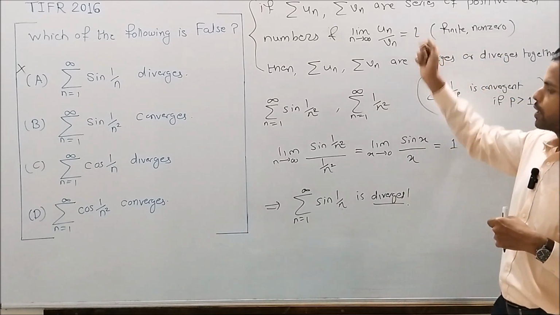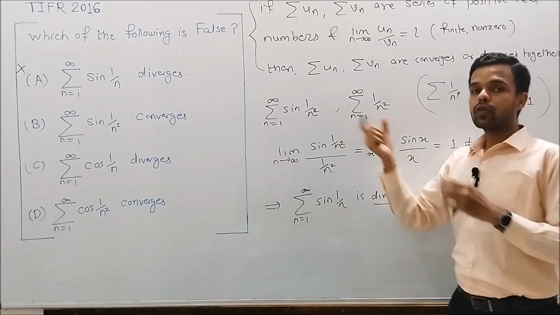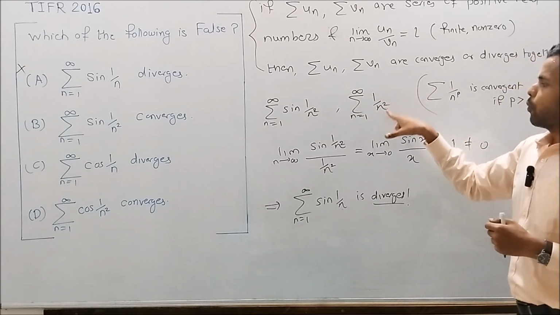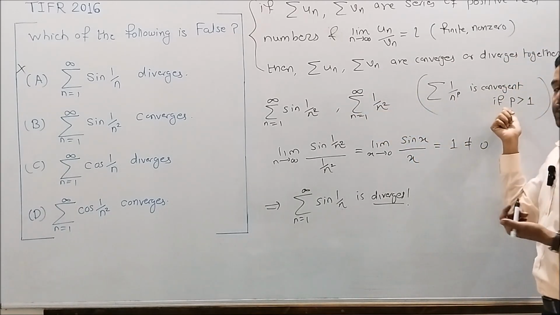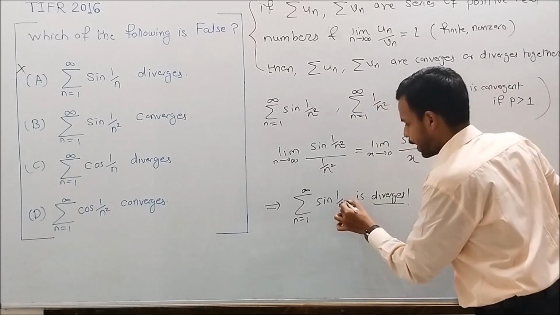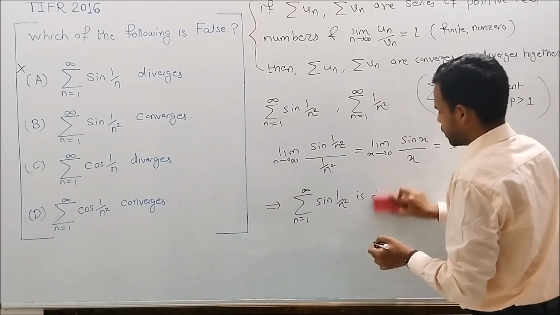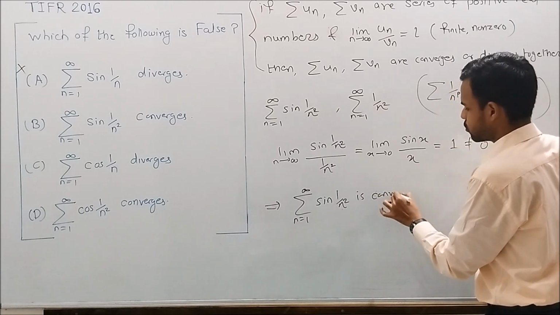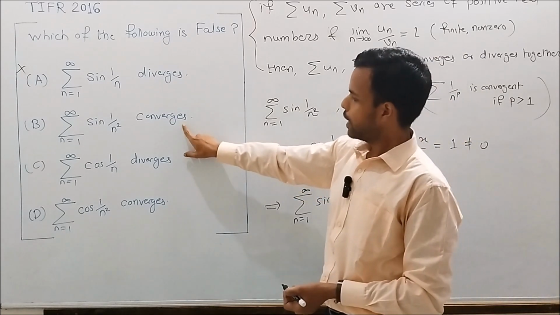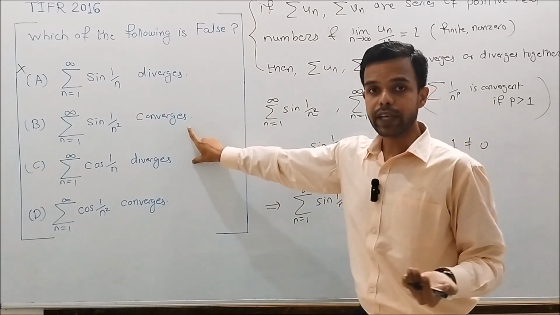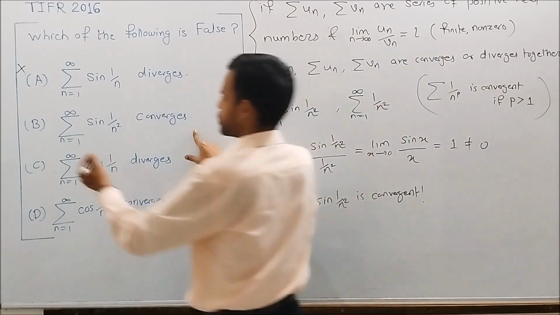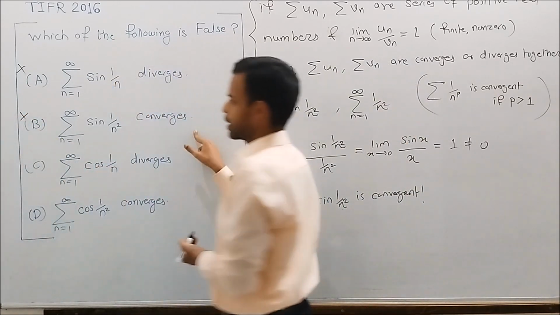So by the limit comparison test, both series converge or diverge together. But the series 1 upon n square is convergent by the p-series test, so the series sine of 1 upon n square is convergent. So the statement in option B is also true, and option B is also discarded.